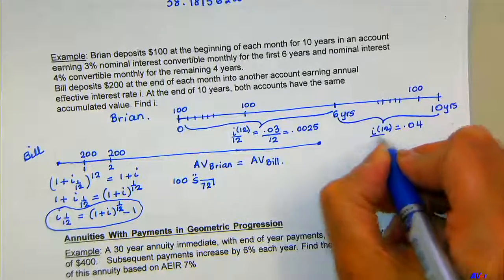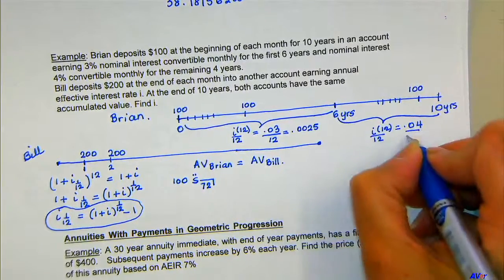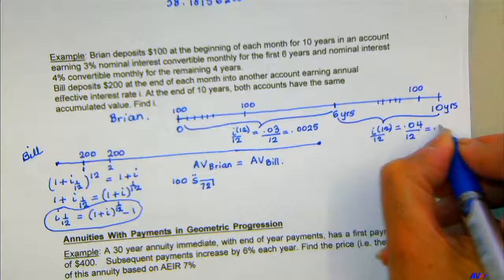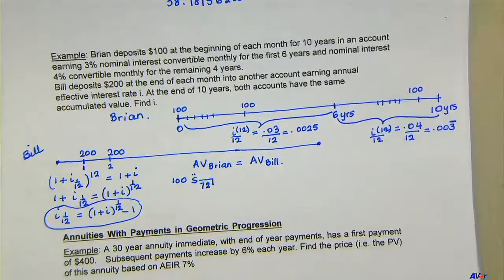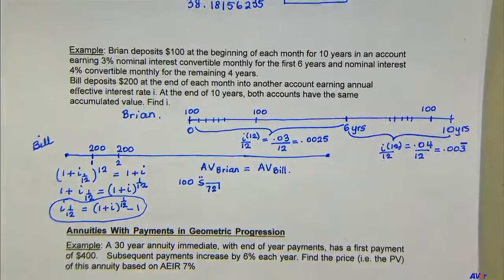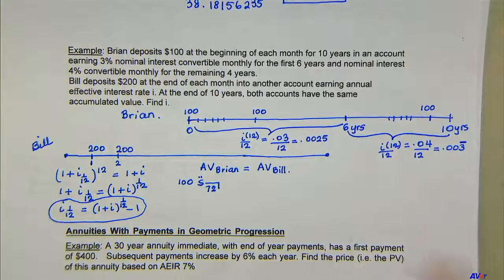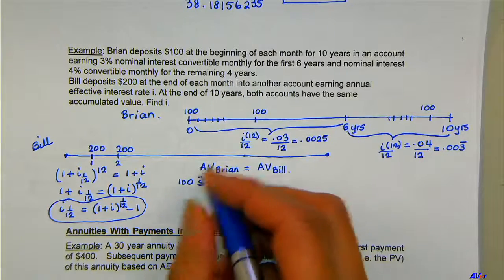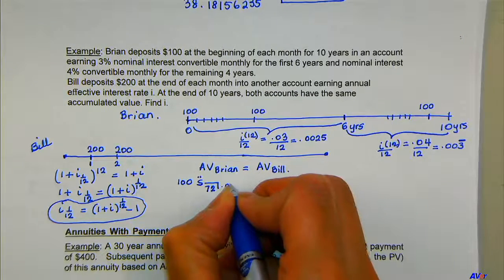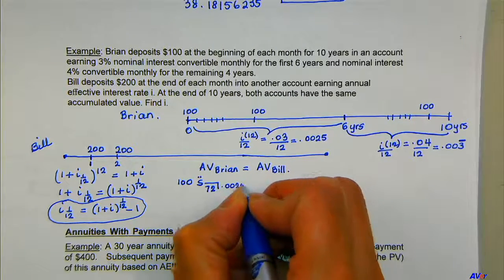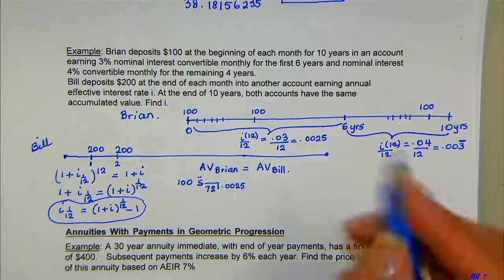So i^(12)/12 here is equal to 0.04 over 12, which is 0.003 repeating. So now I have the monthly rates. Okay, so let's continue. 100 s double dot angle 72 at the first interest rate, 0.0025. And that's here.